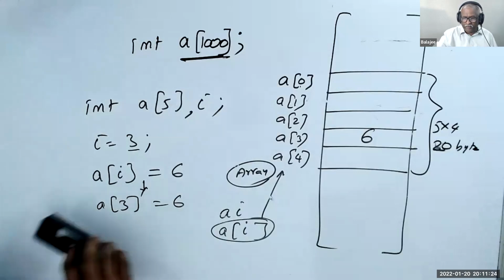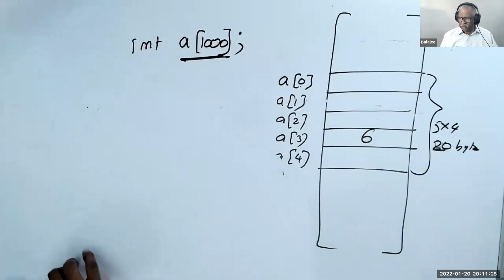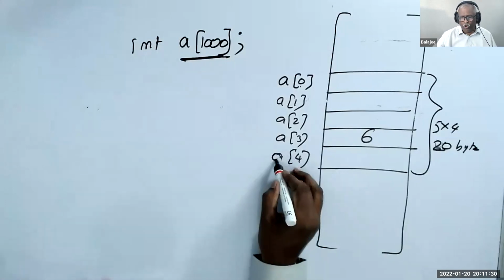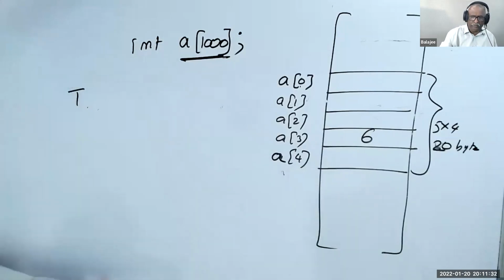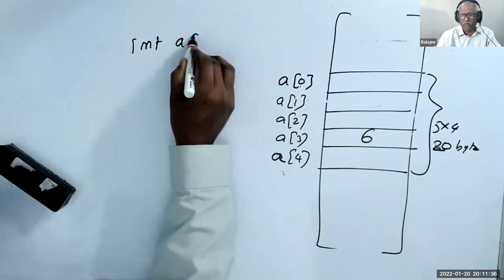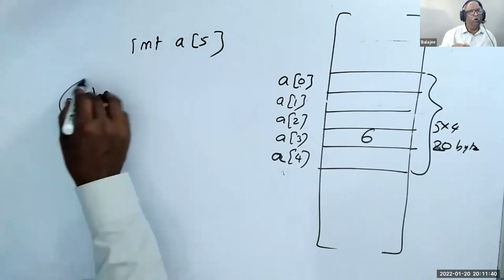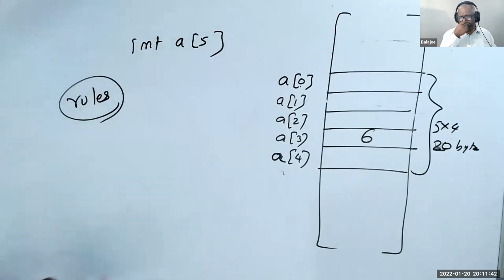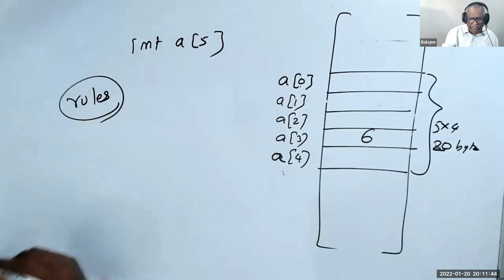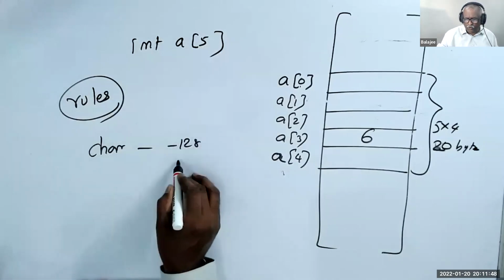The trick here is always follow the rules. That's the most important thing. What is the rule? The rule is very clear. I told you while defining char, it is minus 128 to plus 127.